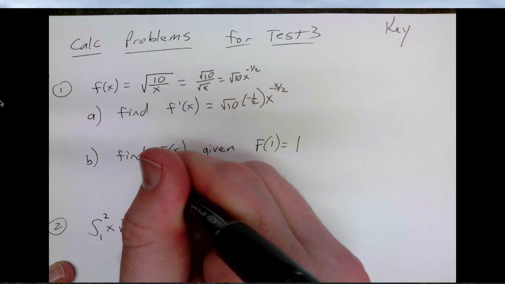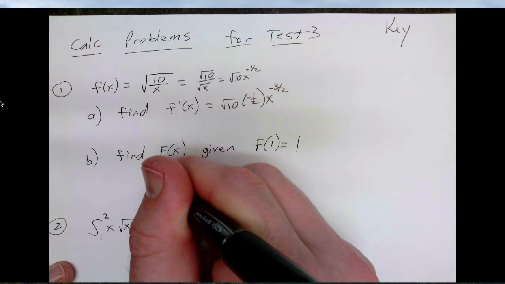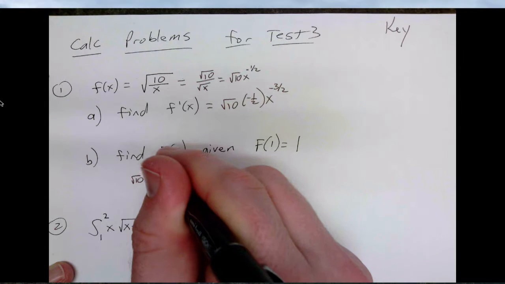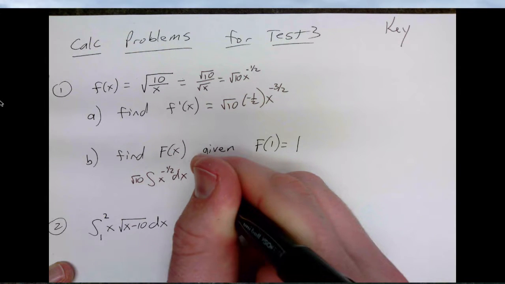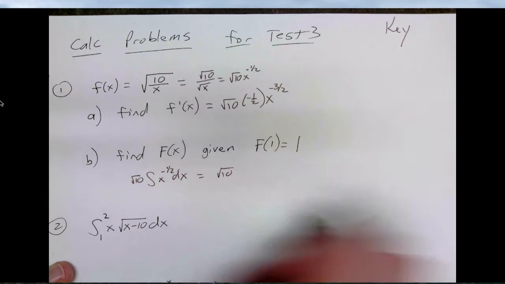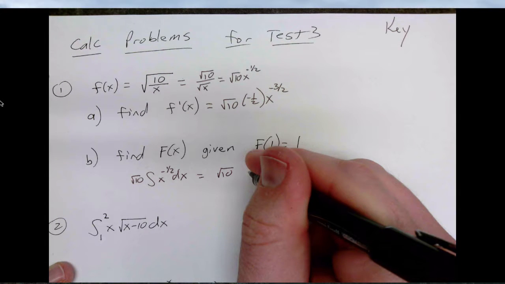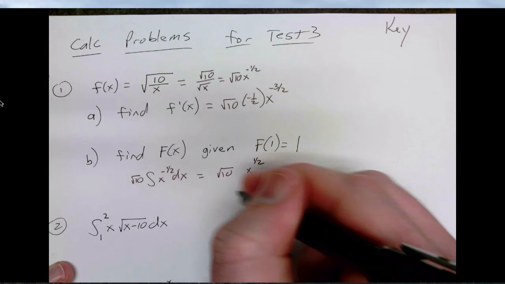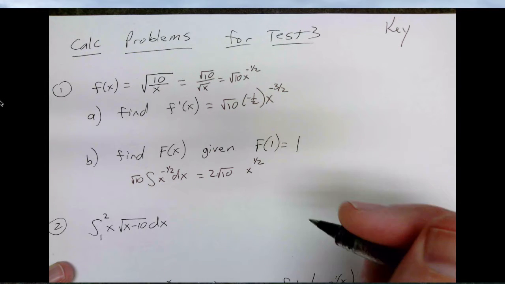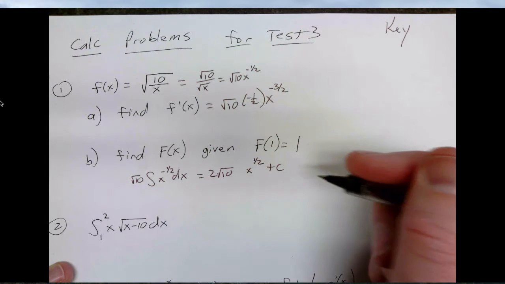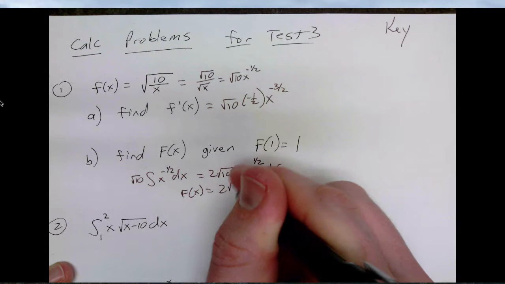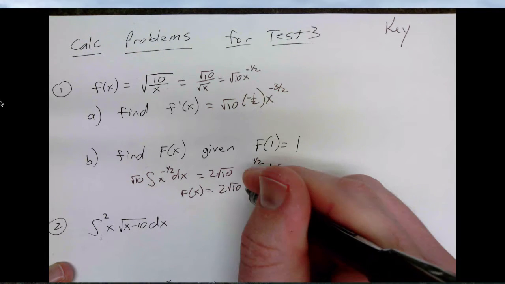I'm going to integrate radical 10, which I'm just going to move in front, times x to the negative half dx. I increase the power by 1, which makes it a positive half. I then divide by a half, which puts a 2 in front, plus c. So right now I'm at capital F of x equals 2 radical 10 radical x.